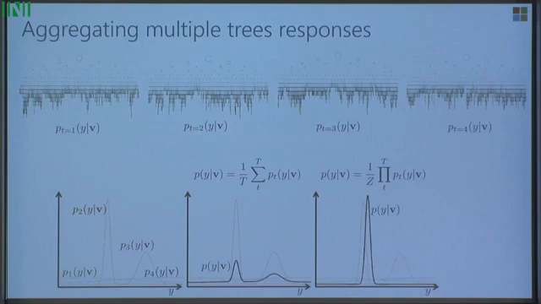The second graph basically says that we combine the decisions of each of the individual trees by taking a mean. This one says the product. You could take a median and so on and so forth, depending on the application. So that broadly describes the simple algorithm that drives Microsoft Kinect.